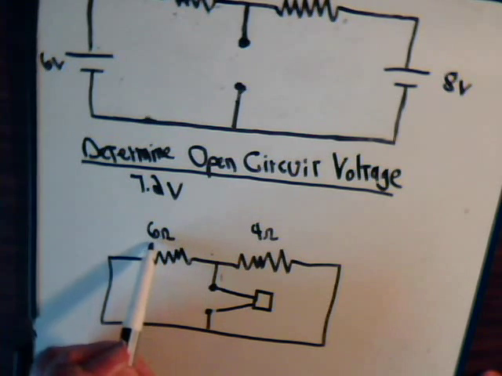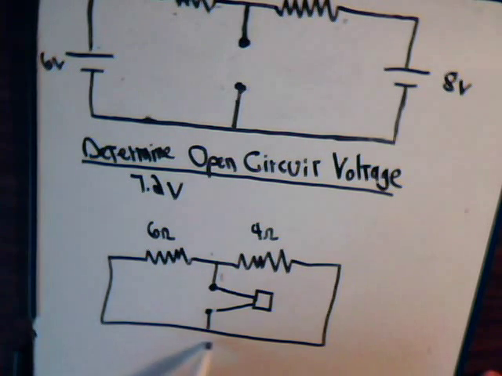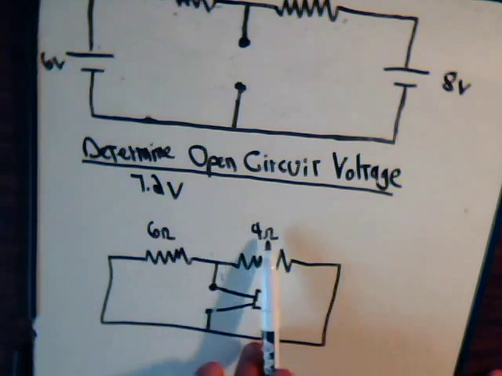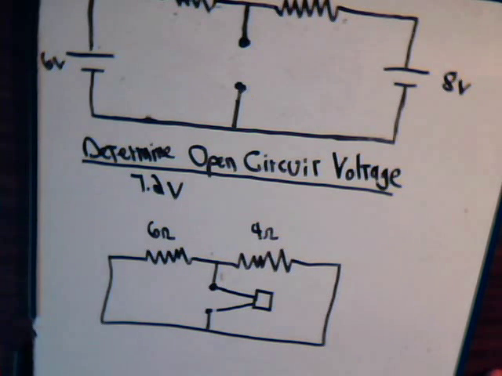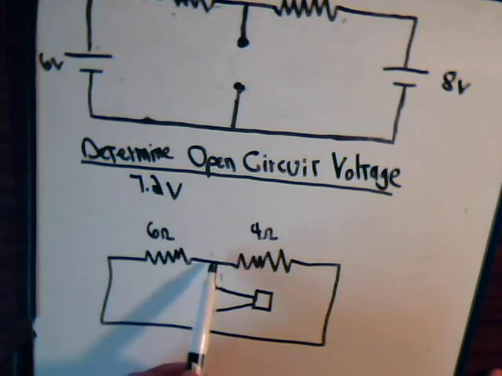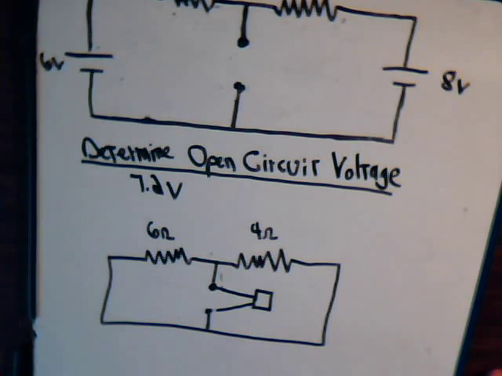Others of it will go across the 6 ohm resistor and come back. So if we're measuring the resistance of this circuit across these two terminals, then the 6 ohm and the 4 ohm resistors are in parallel, because this puts out a small current that gets split across these two resistors.